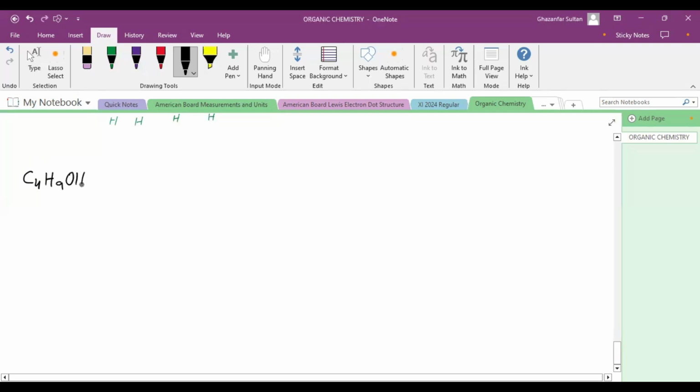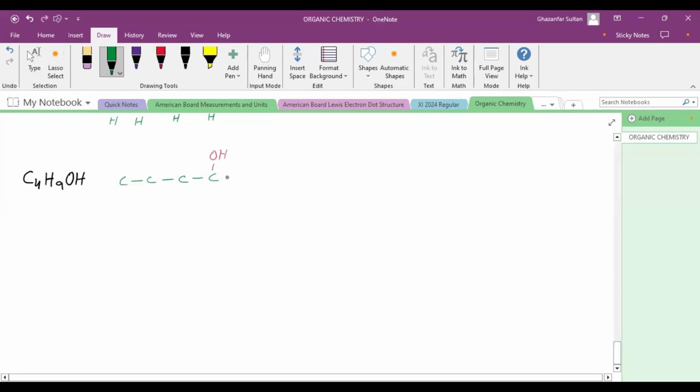C4H9OH. It is an alcohol containing 4 carbon atoms. So if you see 1, 2, 3, 4, one of the structures is this, and you can place OH anywhere. First I'm writing OH here. It is on the first position, whether you write here, here, or here.